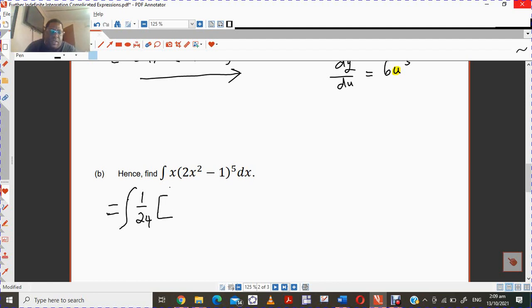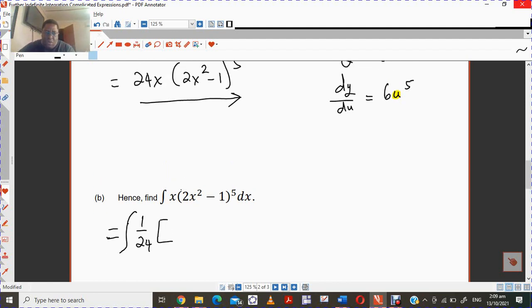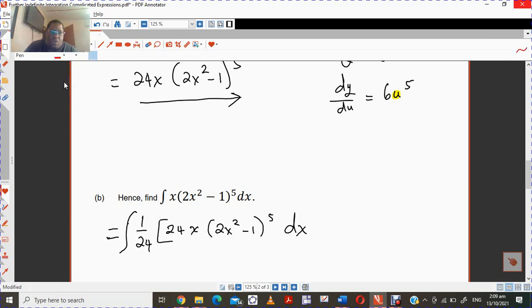And then I have 24x(2x² − 1)⁵, because this is what I got when I was integrating that function. The reason why I put 1 over 24 is because this should actually give you a 1. So when you multiply this with that, it should give you what we have here. You understand? So I have to take out that 1/24 there.